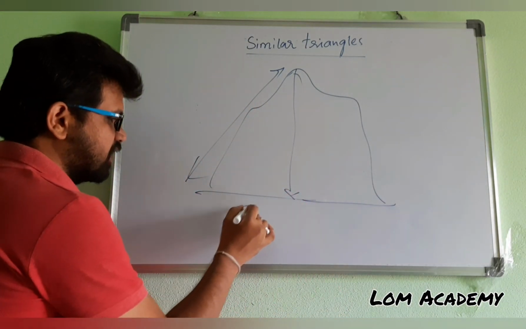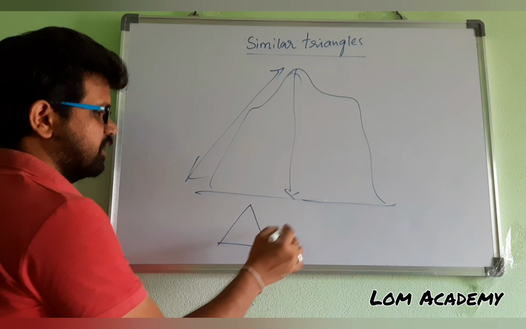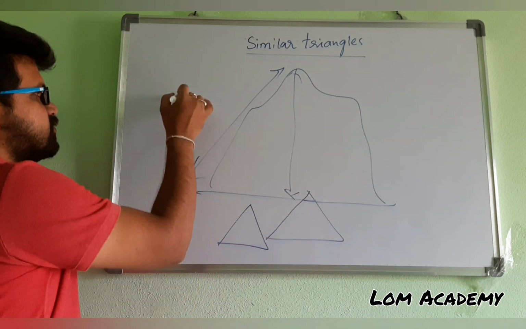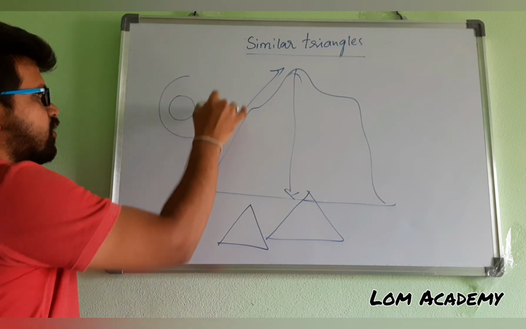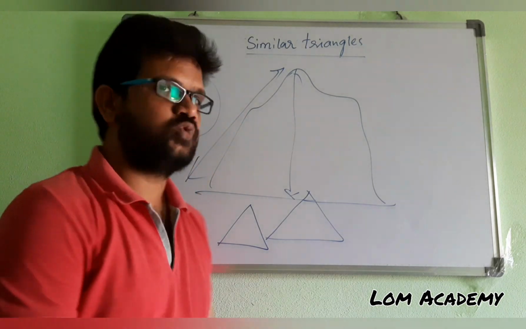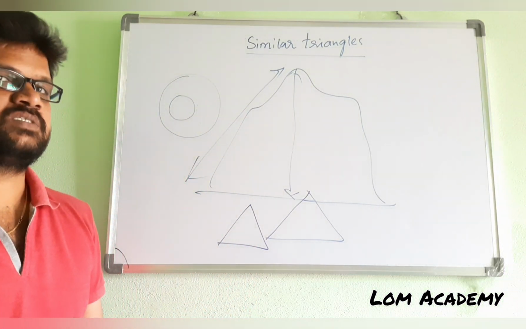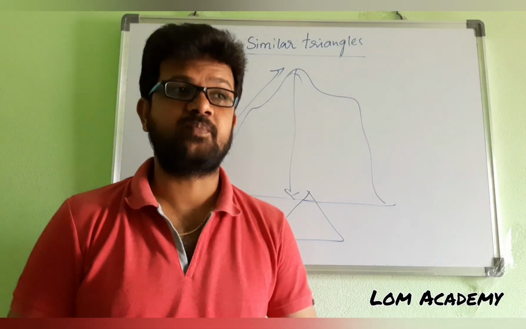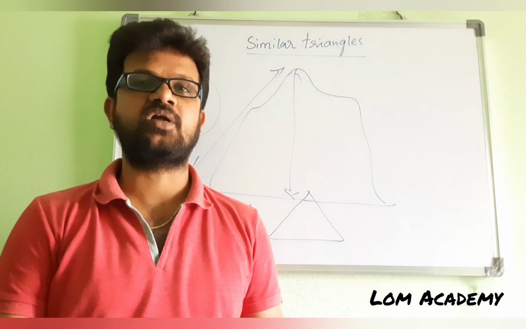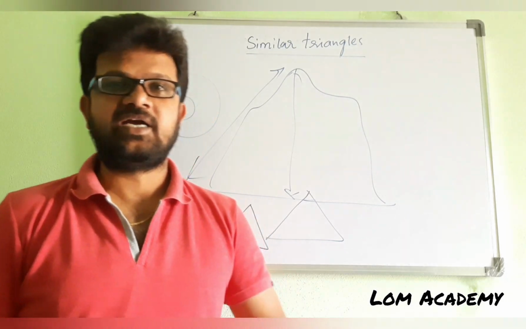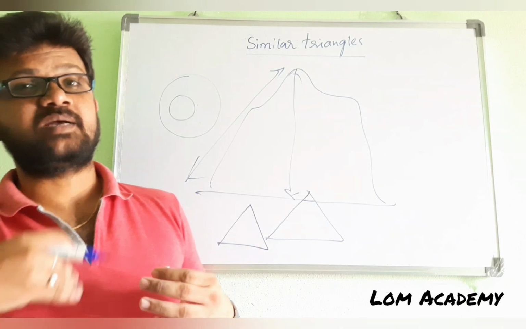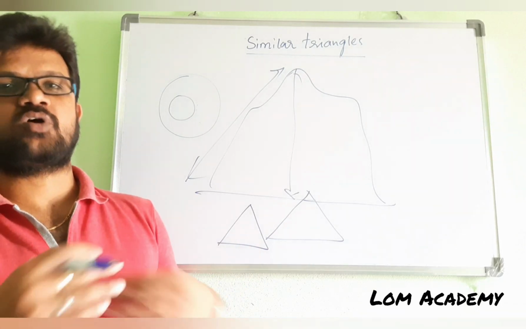Two equilateral triangles are also always similar. Two circles are always similar. Two squares are always similar. But two isosceles triangles are not always similar. And two rectangles are sometimes similar, sometimes not similar.